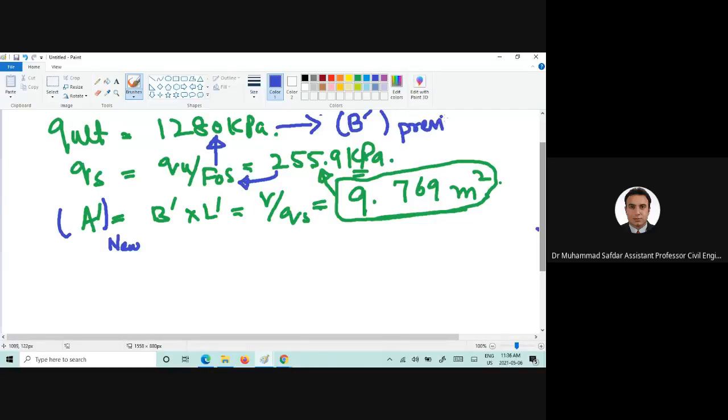from the previous trial. So why do we do that? We do that because we want to increase the new foundation sizes with a certain ratio, and it has an advantage.